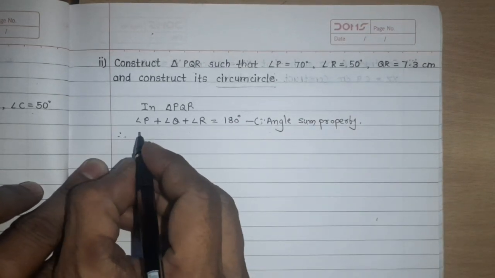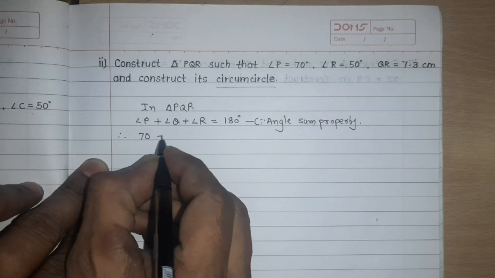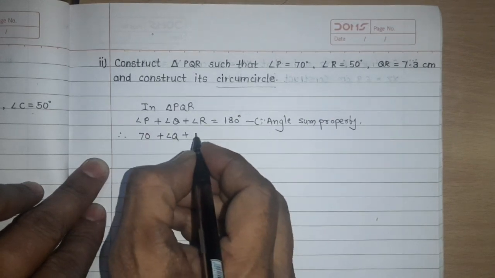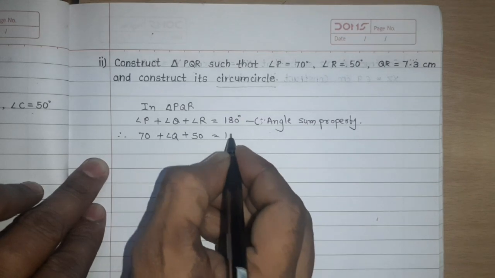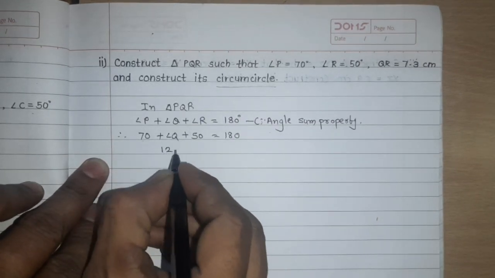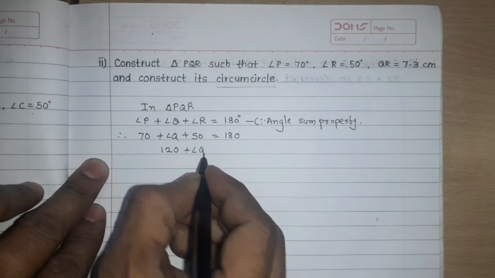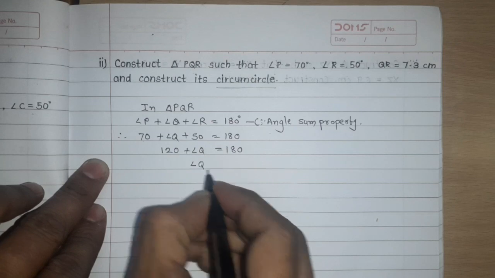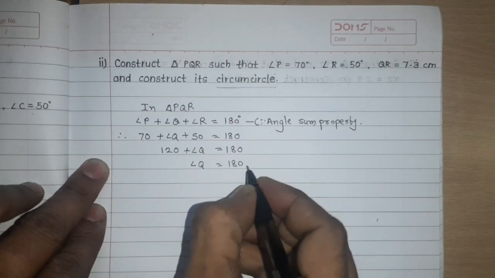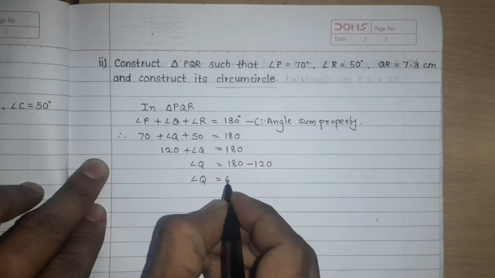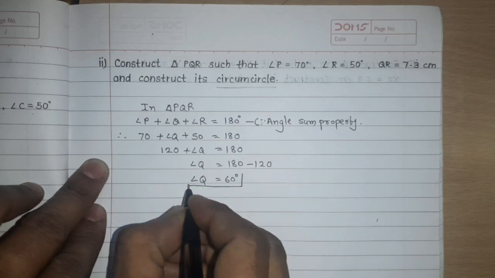Therefore, dear student, angle P is 70 degree plus angle Q you have to find out, and measure of angle R is 50, is equal to 180. 70 plus 50 is 120, plus angle Q is equal to 180. Now angle Q is equal to 180 minus 120. Therefore angle Q is equal to 60 degree.